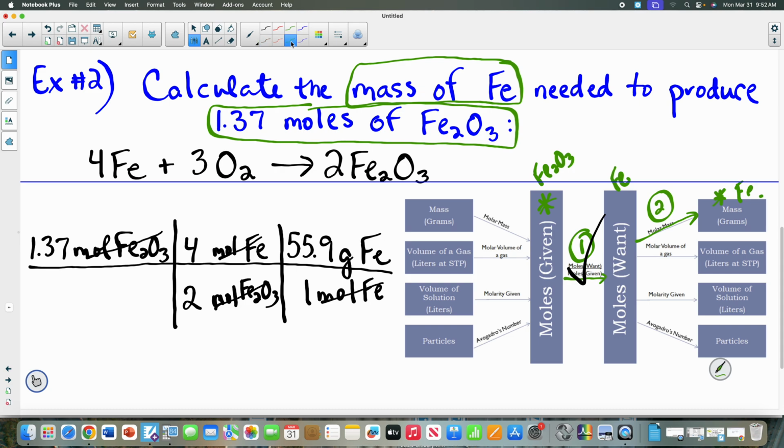And if I want to make my math easier, I can reduce that fraction to 2. So now my math is just 1.37 times 2 times 55.9. Okay, how many sig figs do I want? 3. So I'm going to round my answer to 153 grams.